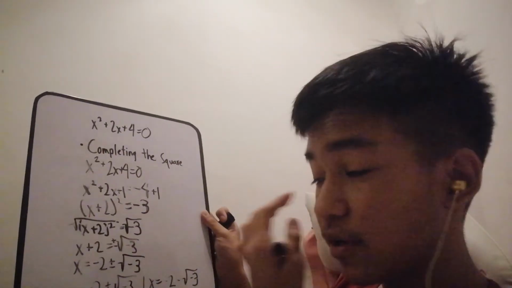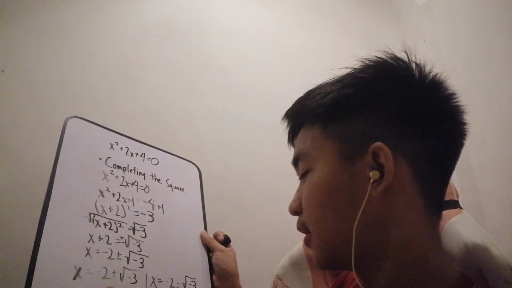So we will keep it that way, and then the answer will be x equals negative 2 positive square root of negative 3 and negative 2 negative square root of negative 3.